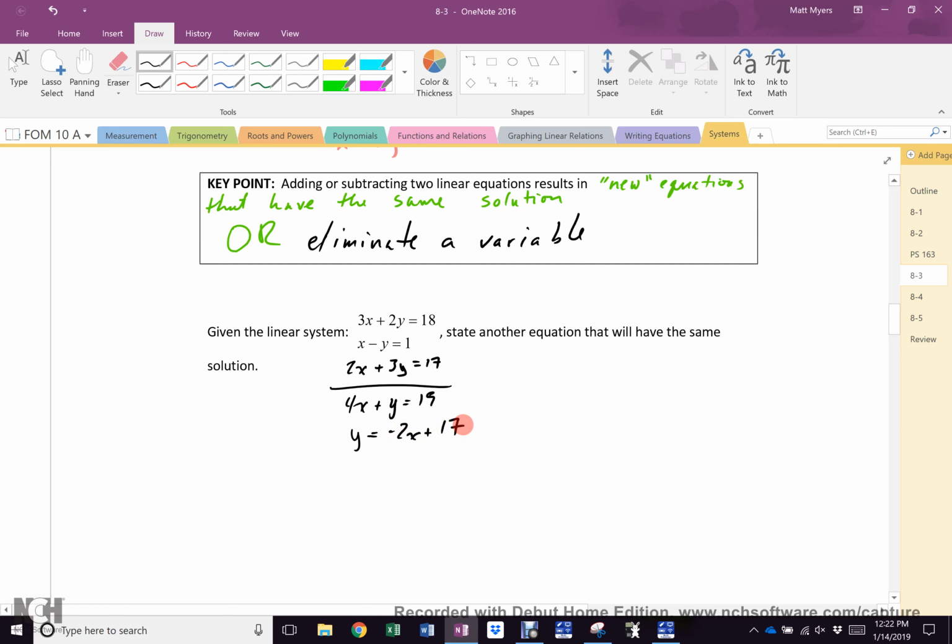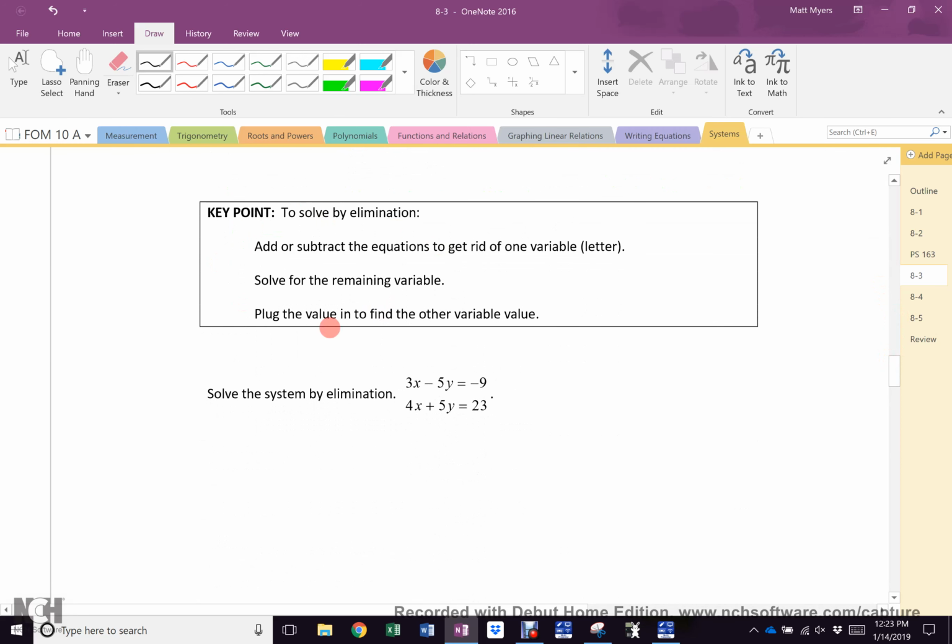How'd you get that one? 3y. Right. Okay. What else could we have done? I'm not going to write them out because now we're at the infinite spot, right? What else could we have done? Yep. What else could we have done? Multiplied either of these by any other number. Everybody cool?